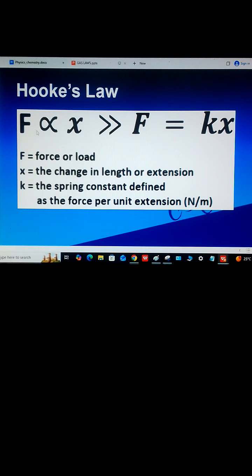And so if F is directly proportional to x, it implies that the force F is equal to Kx, where K is a constant. So K is the spring constant, which is defined as the force per unit extension in newtons per meter. Let's continue.